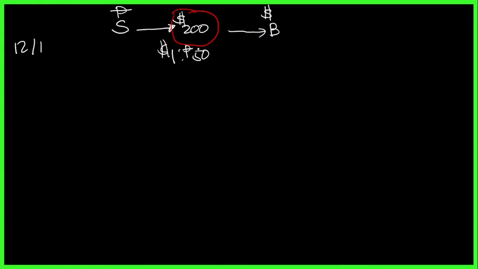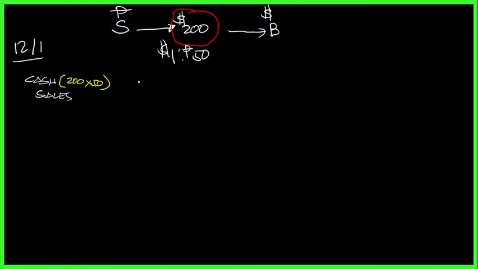Now, let's assume that this one will be paid on the same day. So what will now be the journal entry in the books of the seller? As of December 1, there will be a debit to cash and a credit to sales. How much will be the cash? You have to convert that. So you have $200, which will be paid at 50 pesos per dollar.